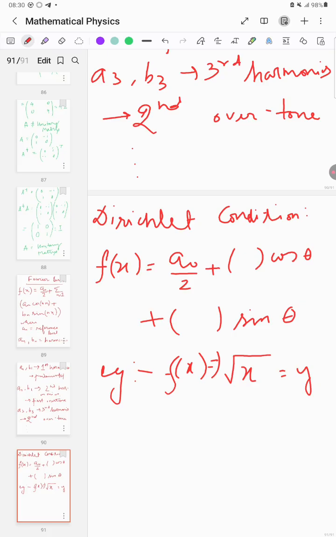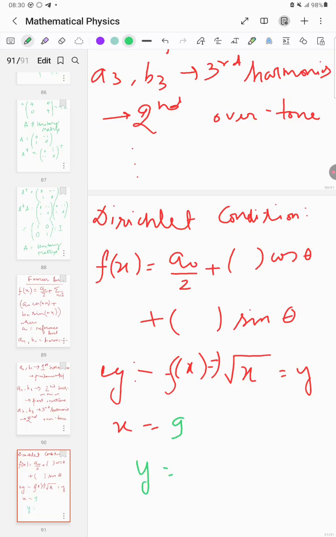Why? Because if we put x is equal to 9, so what will y be?